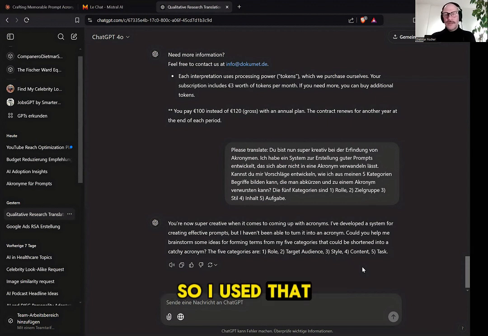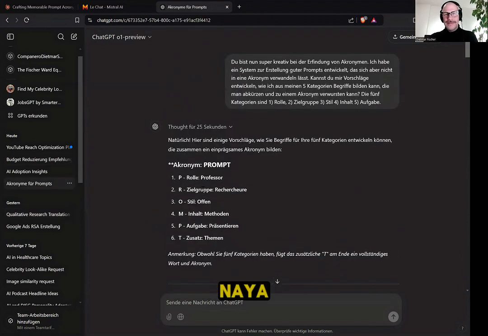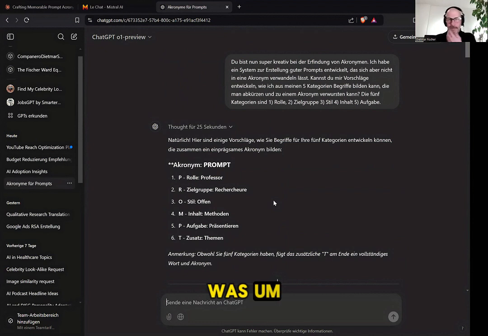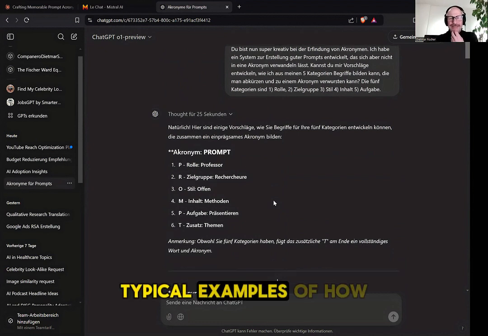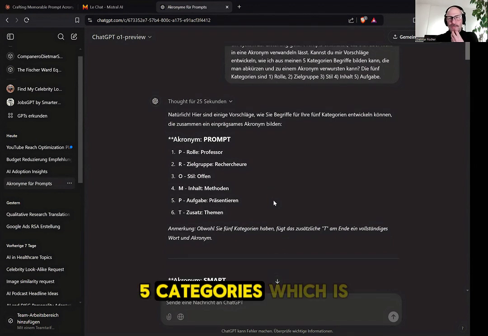So I used that prompt and put it into ChatGPT, and the first thing that happened, I thought it would put out an acronym that is maybe not good. The problem was ChatGPT gave me typical examples of how to fill my 5 categories, which is actually interesting.